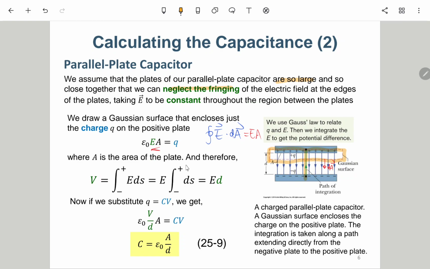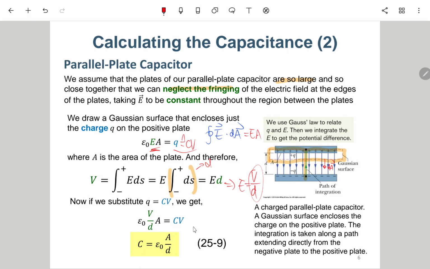So this is nothing but d, so V equals Ed. Then we have E equals V over d, and we can put this here. So we have epsilon naught V over d times A equals Q equals CV, which is the definition of the capacitor. So here we have Q equals CV.